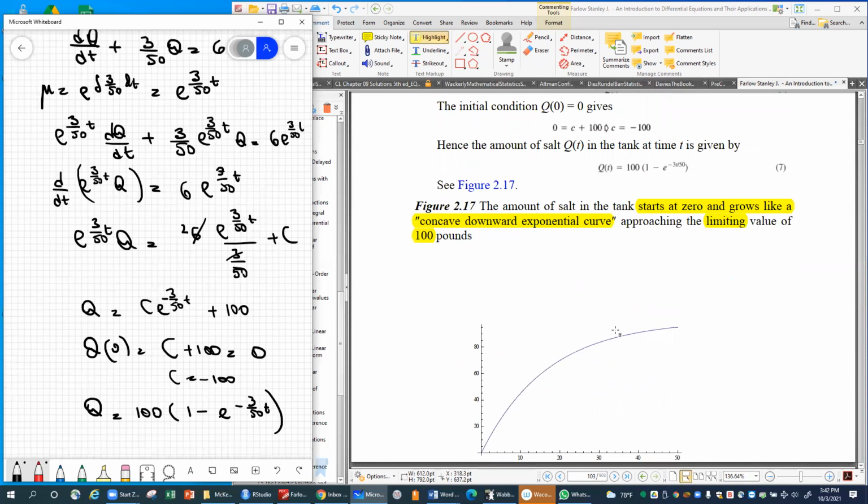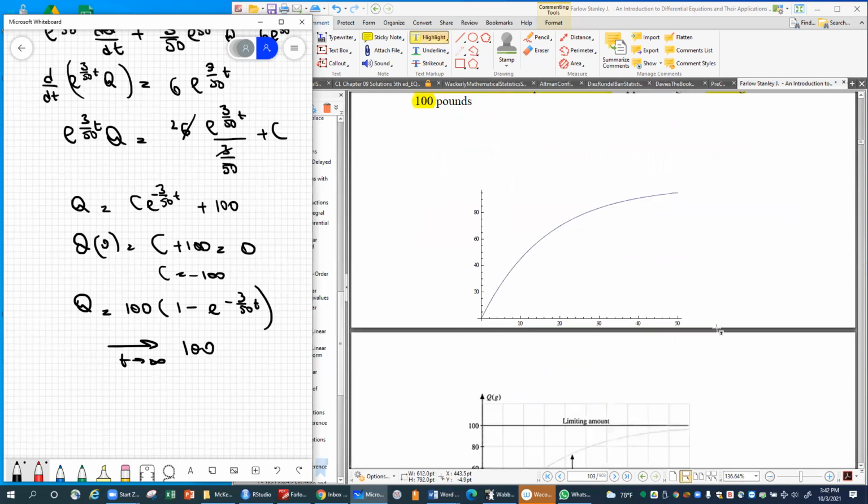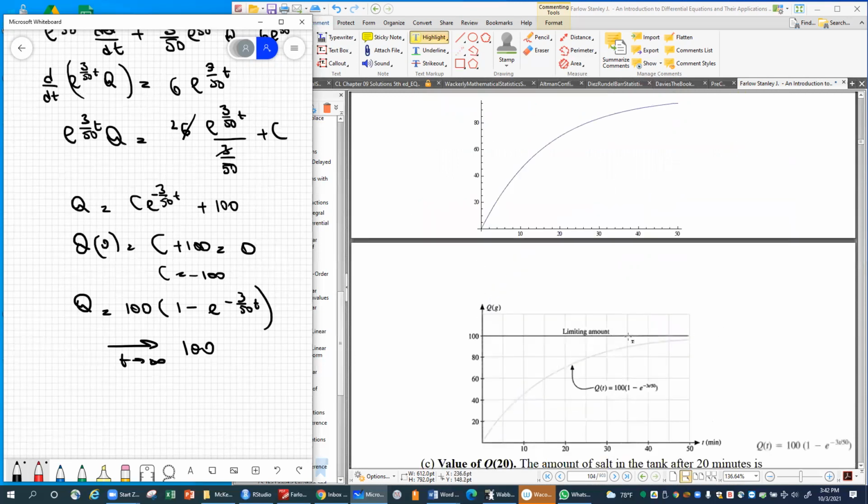And then it grows, and in the limit of t going to infinity, the exponent is negative, so that term goes to 0 and you get 100. So it approaches 100. So there is actually a limiting amount here.